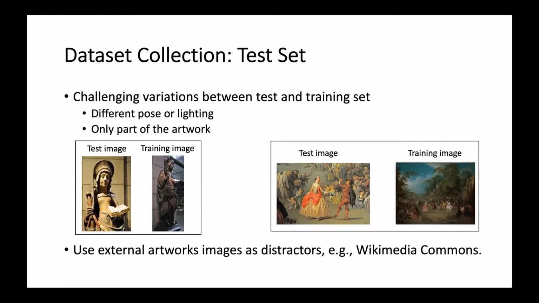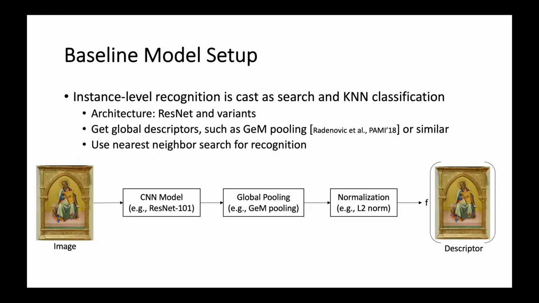This setup is also the same as the landmark recognition challenge, and macro AP will be used for evaluation. To build a baseline model for artwork recognition, we treat this instance level recognition as search and kNN classification, as a common practice.